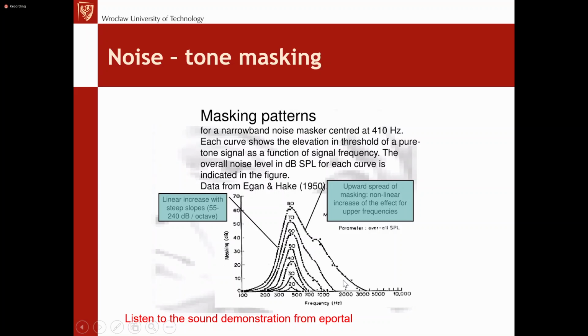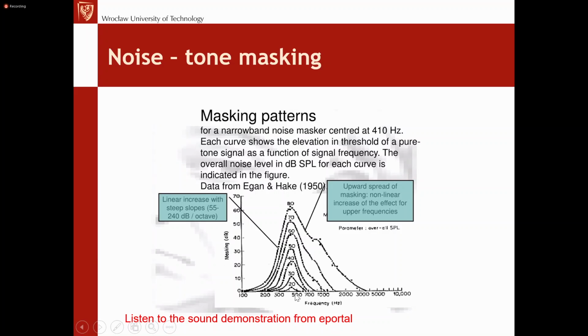let's take a look at this curve, for example. When we have a masker of 410 hertz, and there is no masking effect, and the level of the masker noise is 70 decibels.